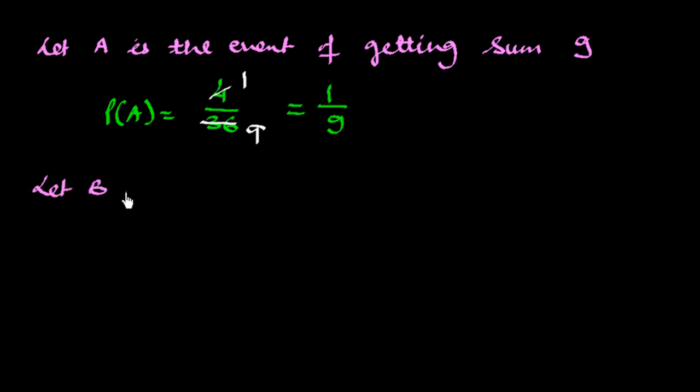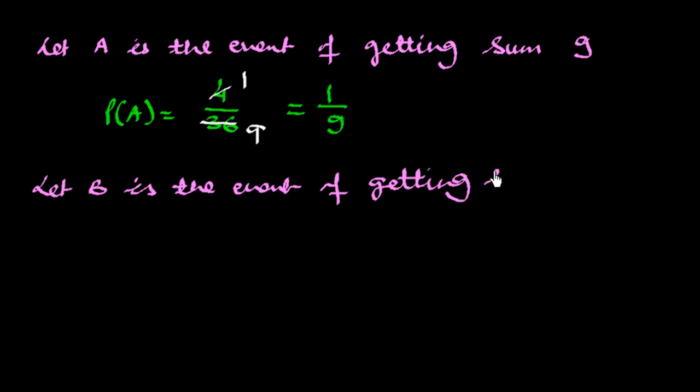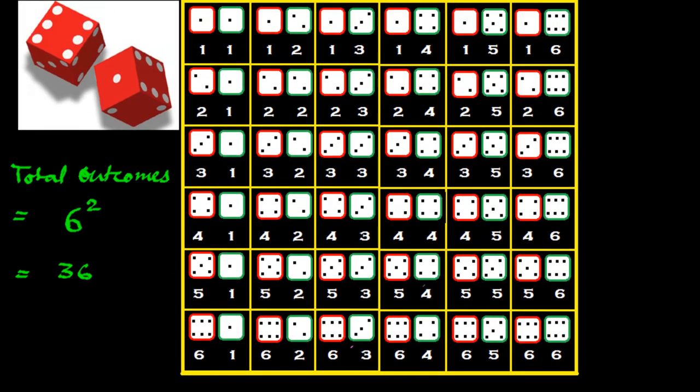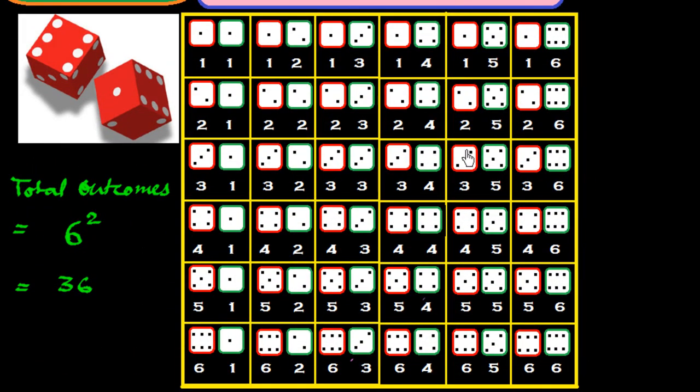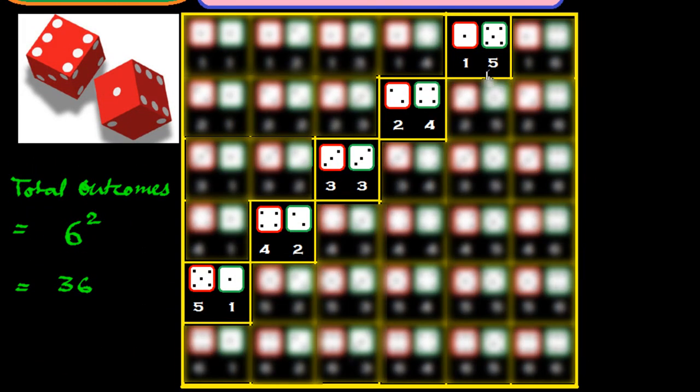Let B be the event of getting sum 6. So look here in the sample space 6, where we could get the 6. Here 1 plus 5 is 6, 2 plus 4 is 6, 3 plus 3 is 6, 4 plus 2 is 6, 5 plus 1 is 6.